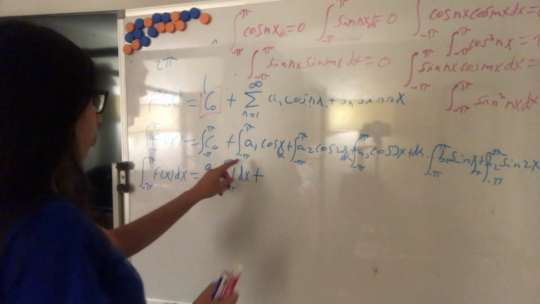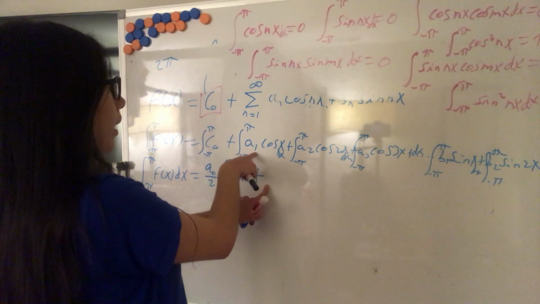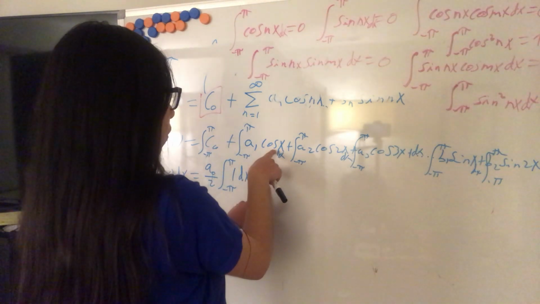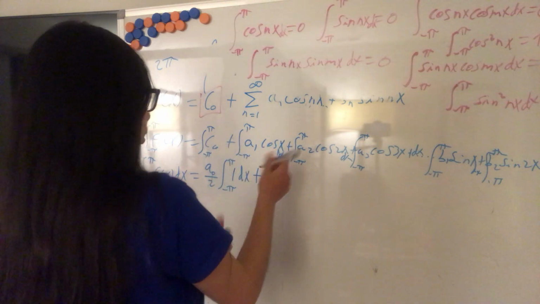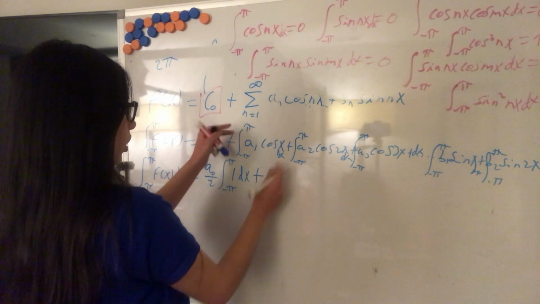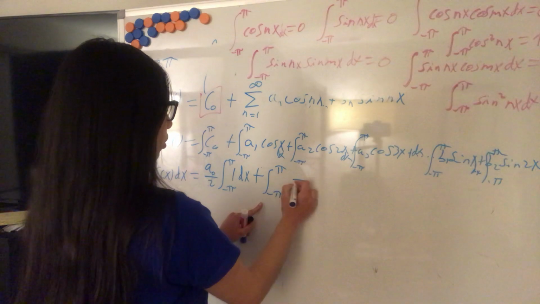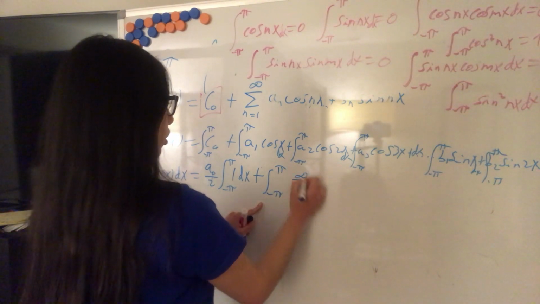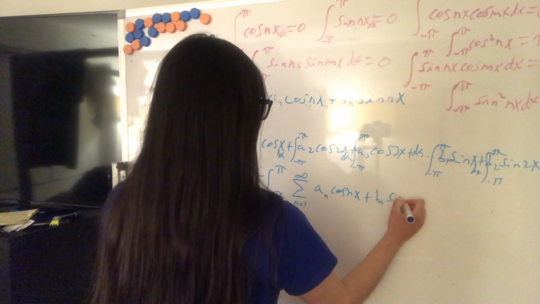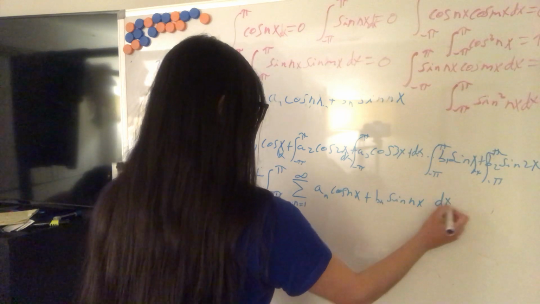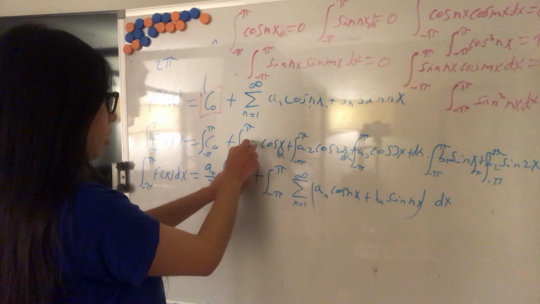Here we have this integration from minus pi to pi of a sub 1 times cosine of x, but in general it is the integral from minus pi to pi of all the terms a sub n cosine nx plus b sub n sine nx, dx.